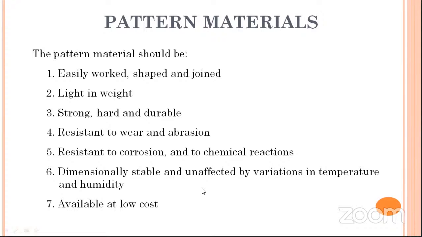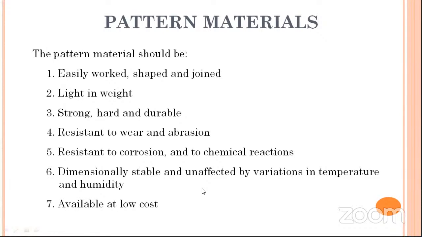The material that you choose for preparing a pattern should be light in weight, strong and durable, and easily machinable, because only if it is easily machinable will you be able to mold it into the required shapes very easily, because casting is all about preparing complex shapes.